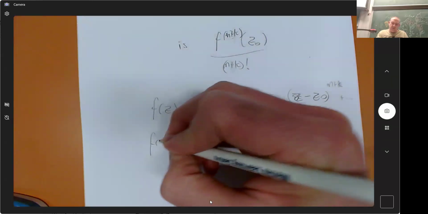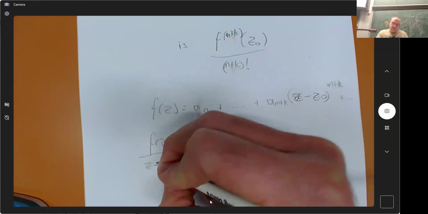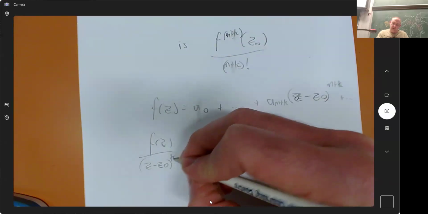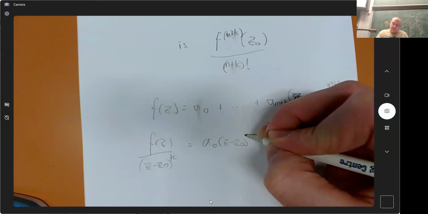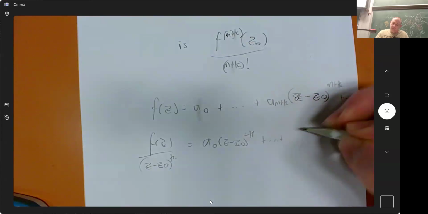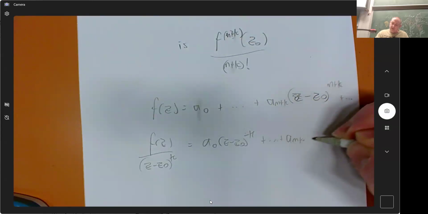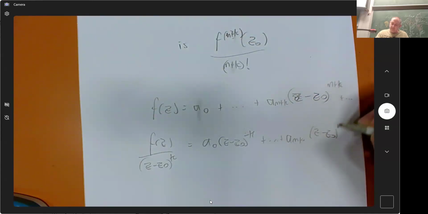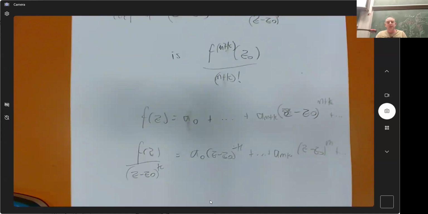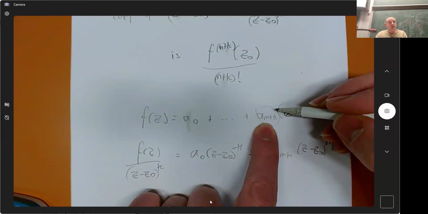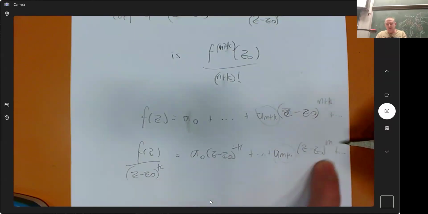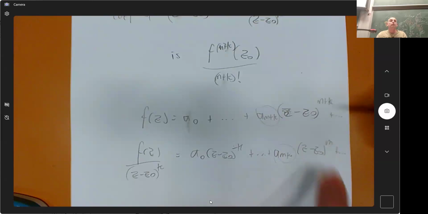And then when I divide by z minus z naught to the k, I'll get a m plus k, z minus z naught to the m. And so this coefficient from the original Taylor series becomes the coefficient of the power that I want. Yeah.